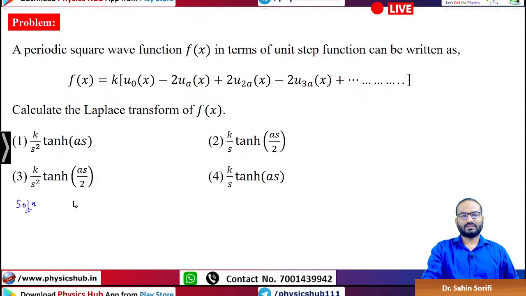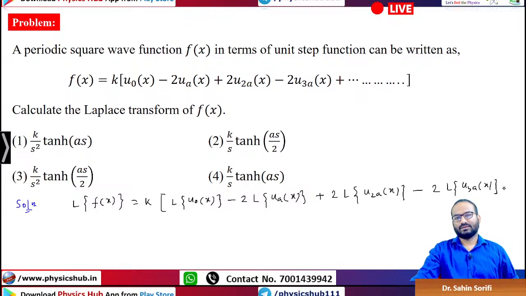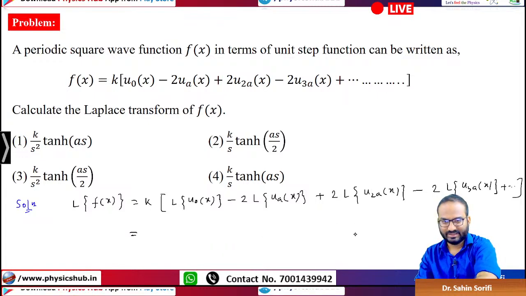Look at this problem. Laplace transform of f of x will be equal to k times Laplace transform of u0x minus 2 times Laplace transform of u_a x plus 2 times Laplace transform of u_2a of x minus 2 times Laplace transform of u_3a of x and so on. This is equal to, look, for all these terms 1 by s will come, e to the power minus as by s, that is the formula.